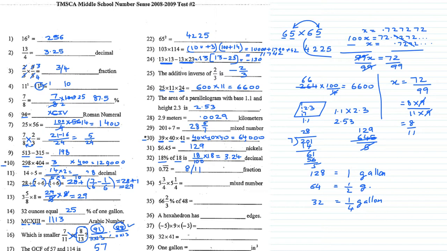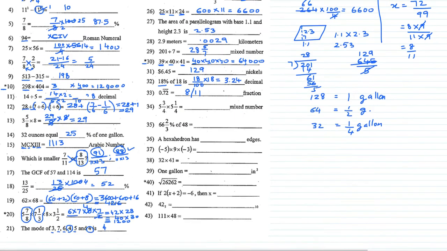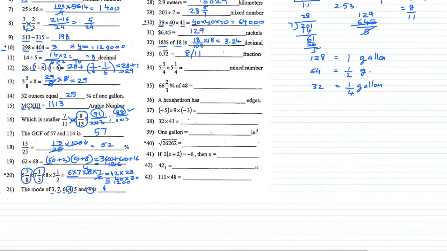Question 34, 5 3/4 times 5 1/4 in a mixed number format. One way to do this problem is to think of the first number as 5 plus 3/4, and then we are multiplying it with the second number, which is 5 plus 1/4.